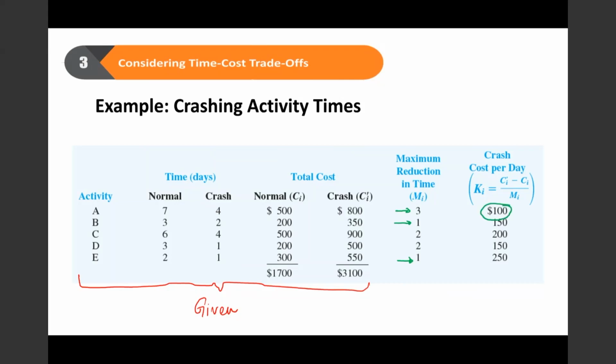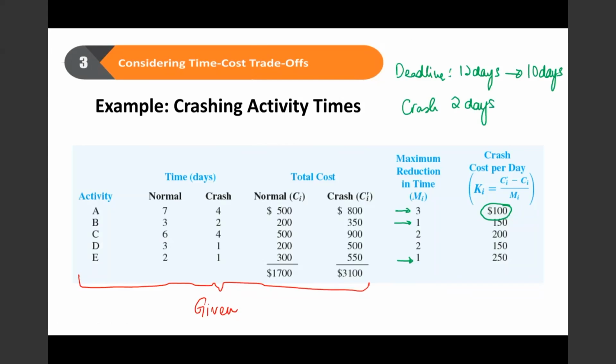In this particular example, activity A can be crashed up to 3 days. So remember my new deadline: from 12 days, I want it to 10 days. So technically speaking, I need to crash 2 days.